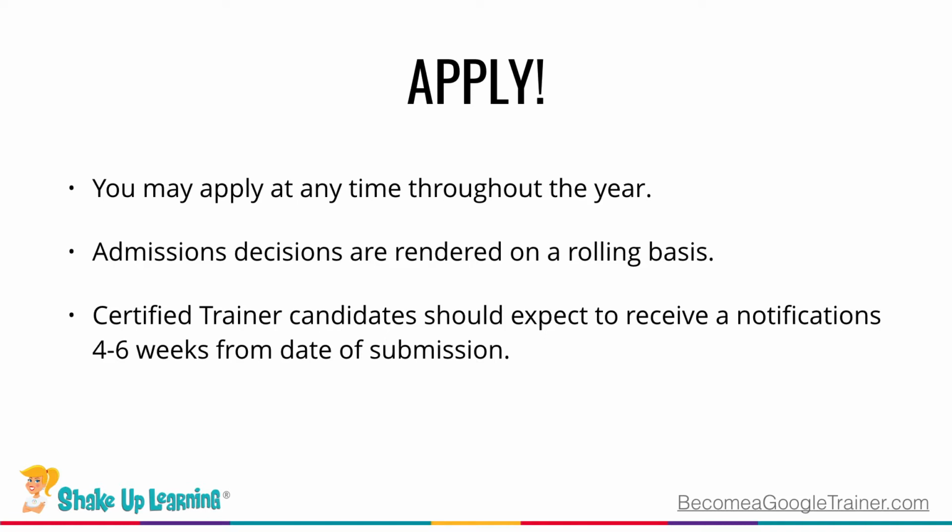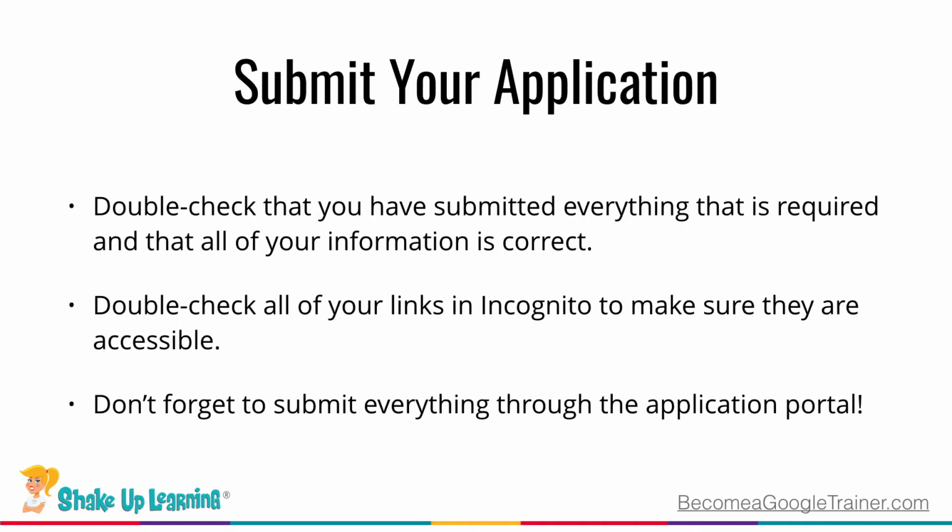Certified trainer candidates should expect to receive notifications anywhere from 4 to 6 weeks from the date of submission. So it kind of depends on when you click submit, and Google doesn't necessarily reveal their dates, I think, because that kind of shifts, but it's a long wait, and it's hard to wait. That's a lot that you've put on the line, but trust me, you will eventually get that notification.